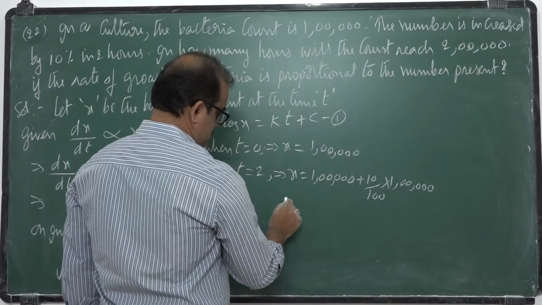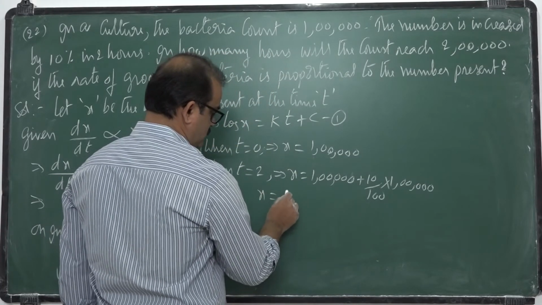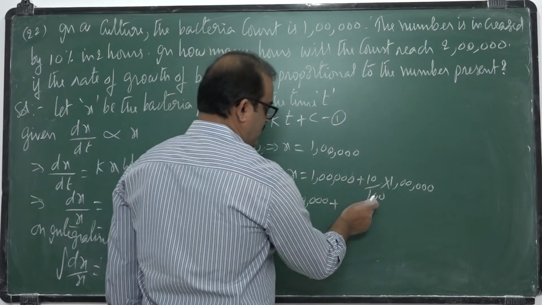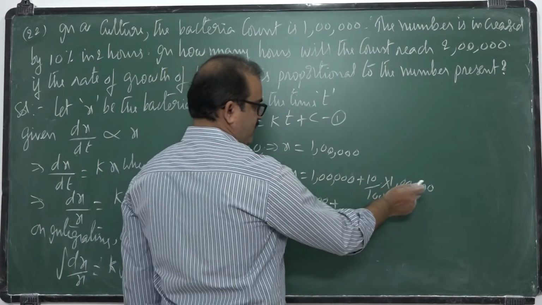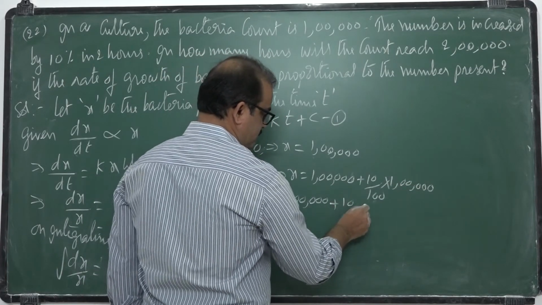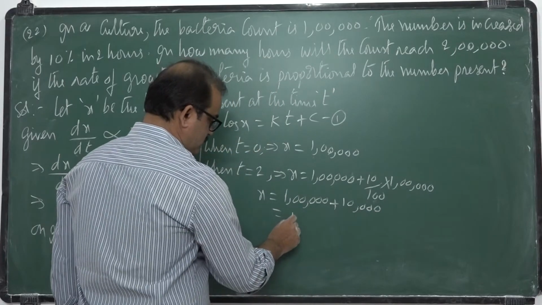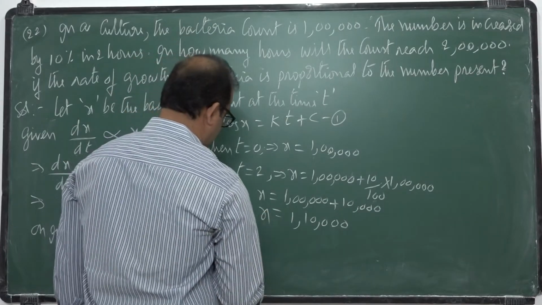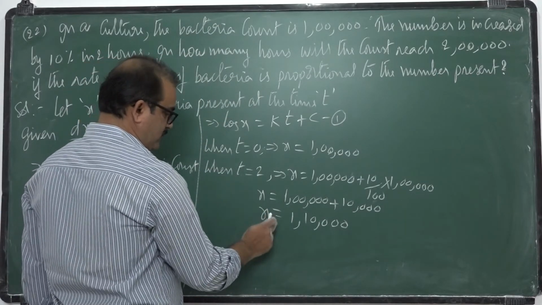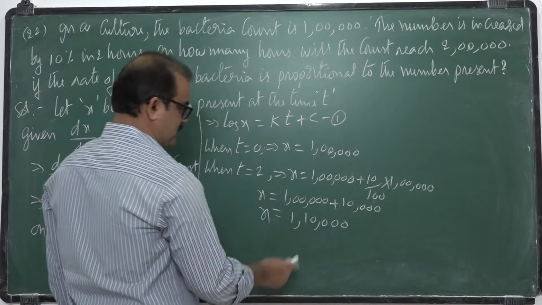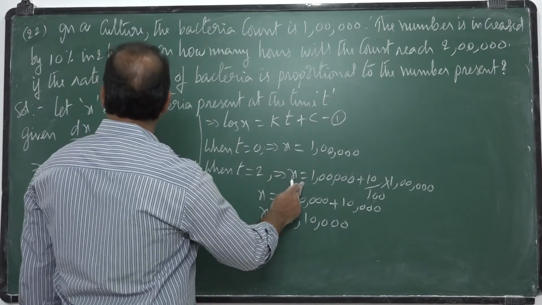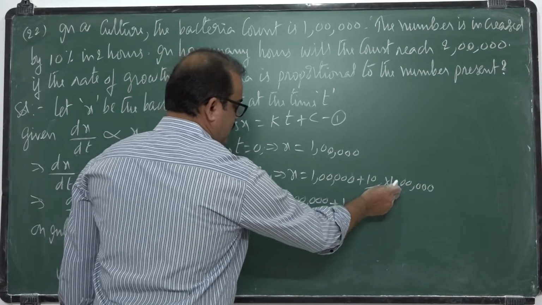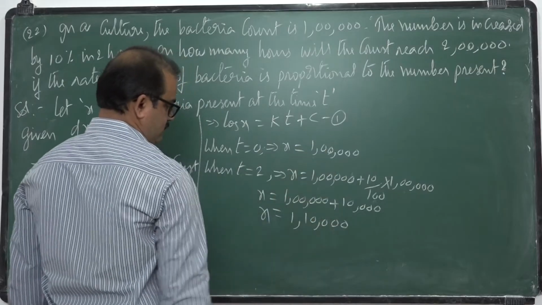So x is equal to 1 lakh plus 1 by 10 into 1 lakh, that is 10,000. This is 1 lakh 10,000. When t is equal to 2, x is equal to 1 lakh 10,000. Here bacteria is increased 10%, so multiply 10% with 1 lakh and add that to 1 lakh.